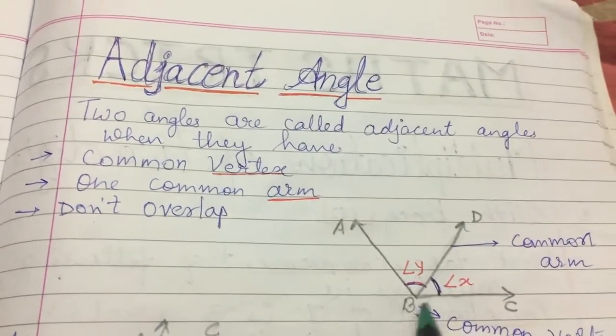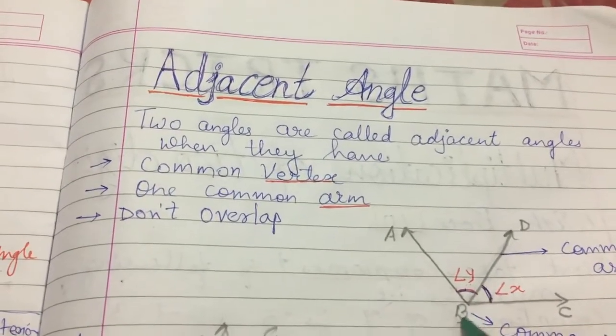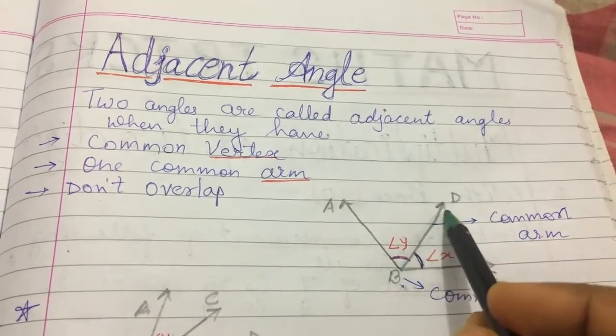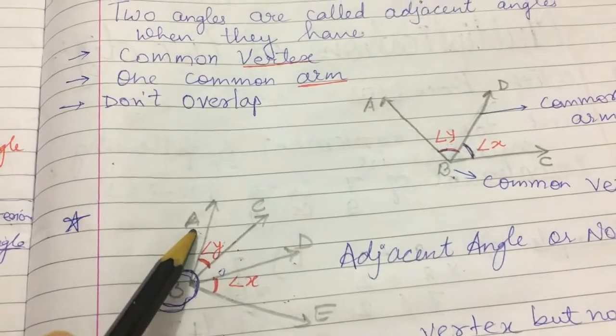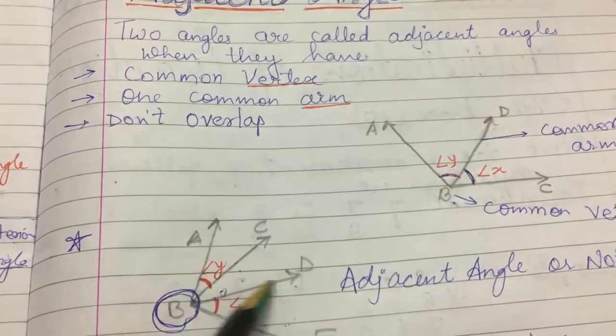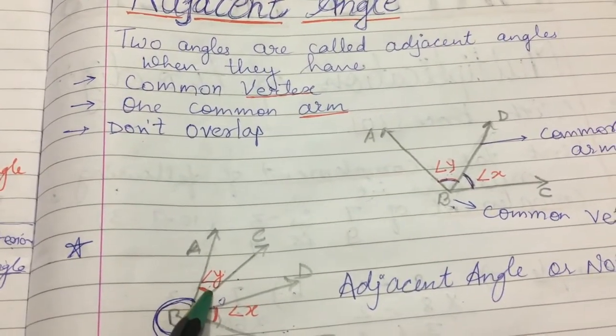Here I can say angle X is adjacent to angle Y. Why? Because they have a common vertex B and a common arm BD. See here one example I drew: ABE, then ABC, then CBD. Here I drew angle X and angle Y.